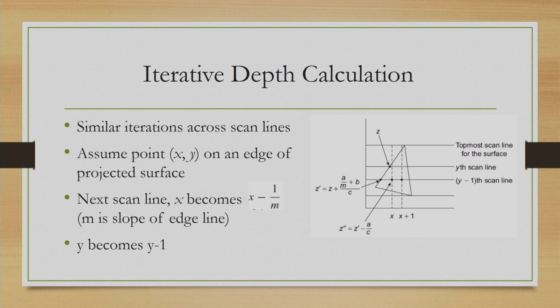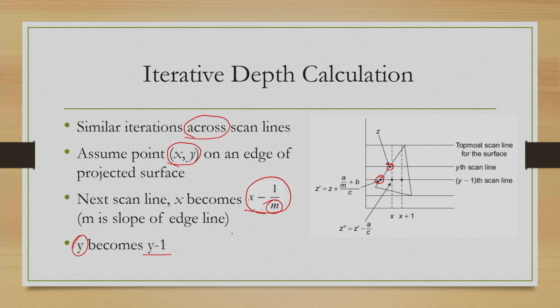So, that is along a scan line. What happens across scan lines? A similar iterative method we can formulate. Now, let us assume the point x y on an edge of a projected surface, say here. Now, in the next scan line, x becomes x minus 1 by m in this case, and the y value becomes y minus 1.